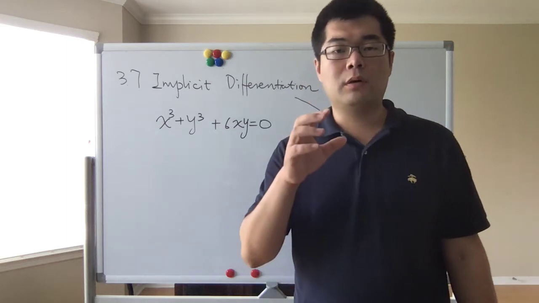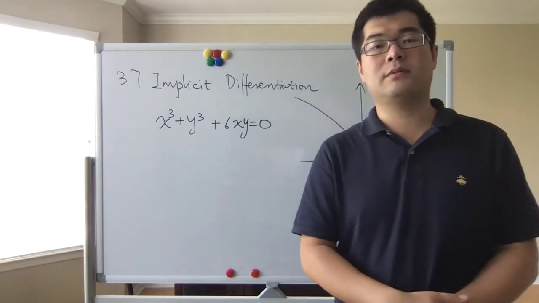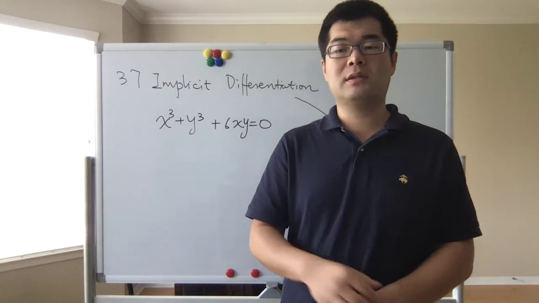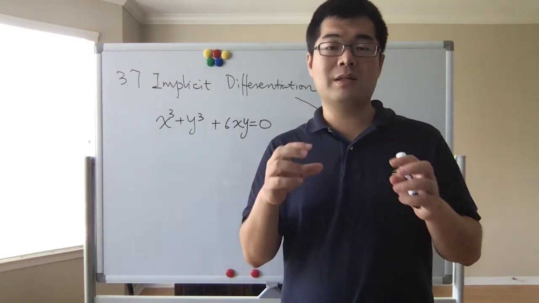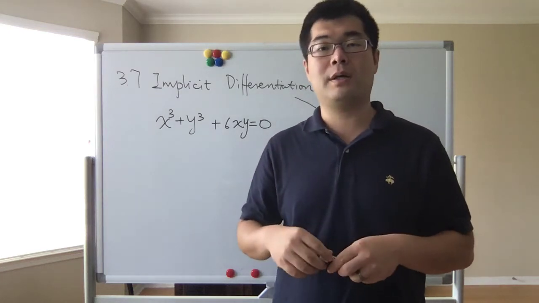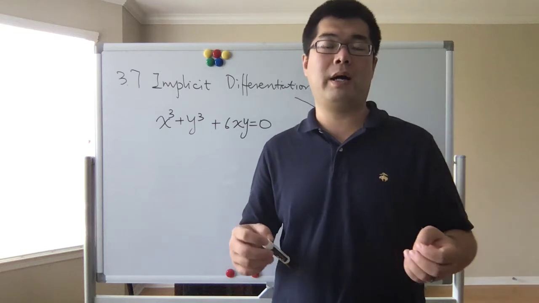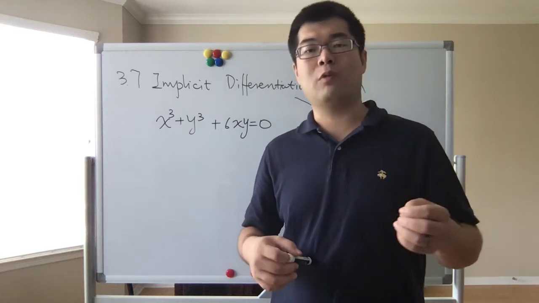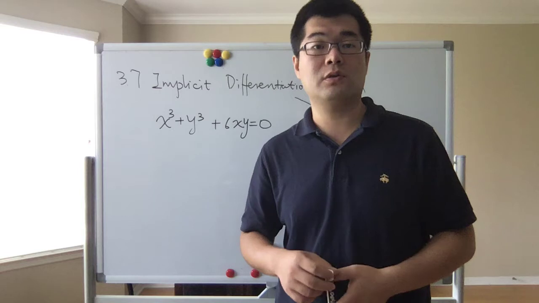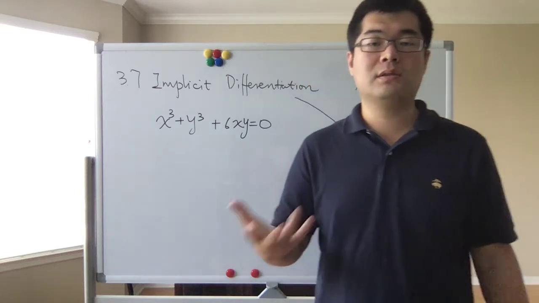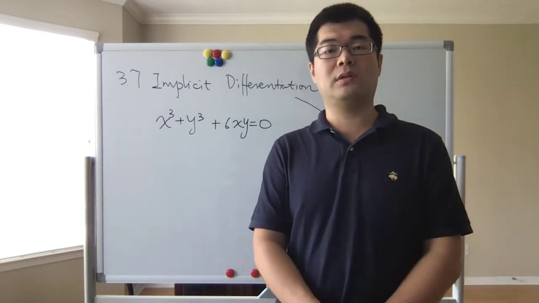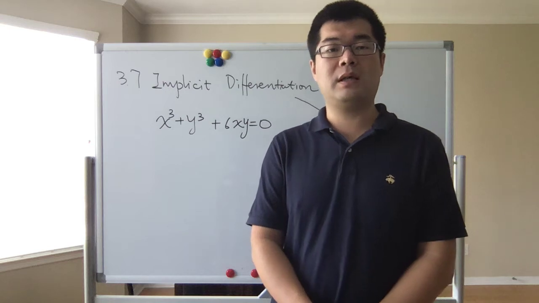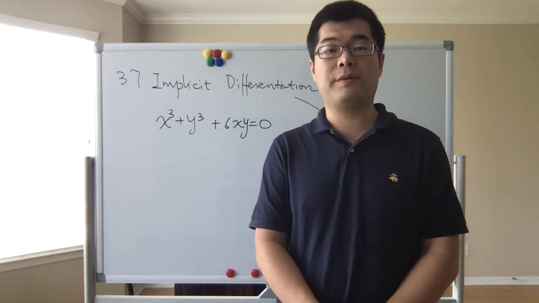But there will also be some situations where you have a relationship between x and y, but you cannot rewrite y or solve y in terms of x, okay? So in that situation, we're going to use the implicit differentiation, okay?